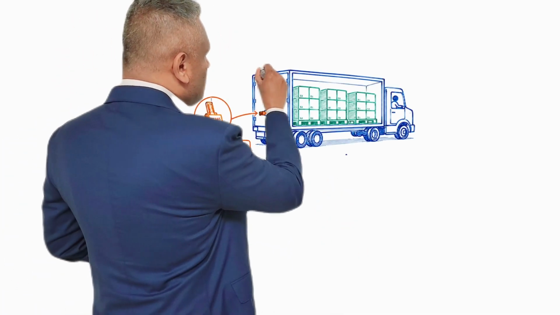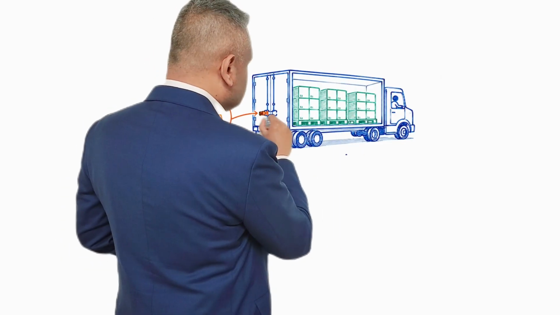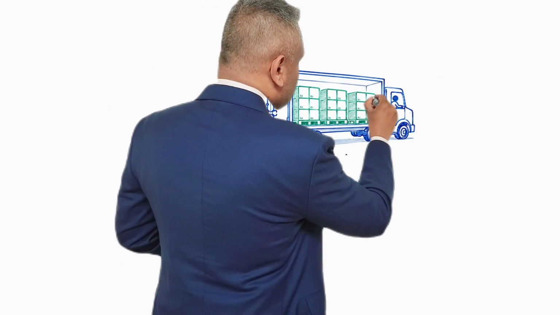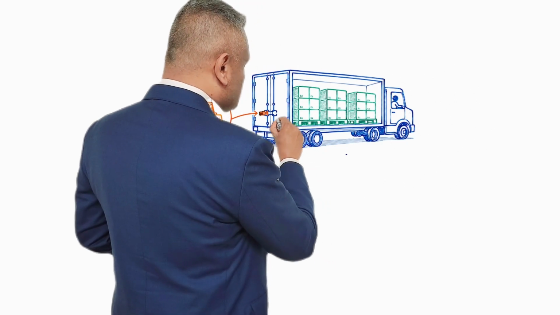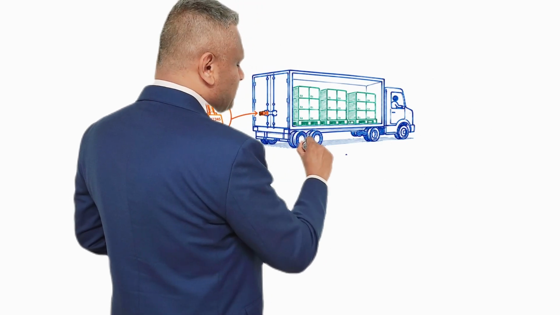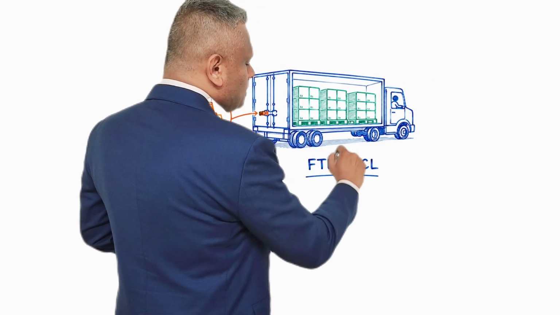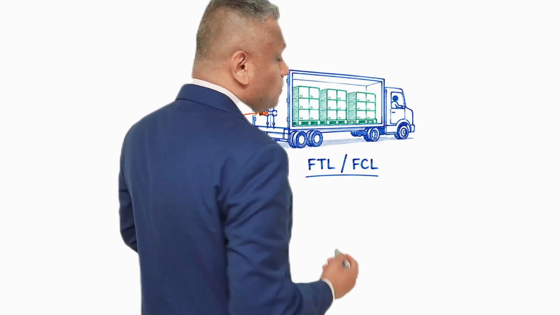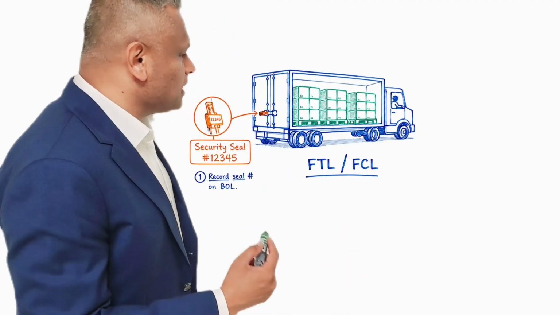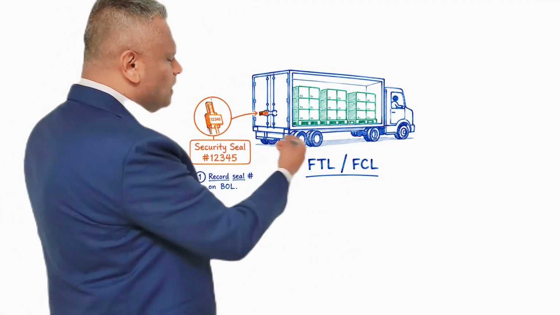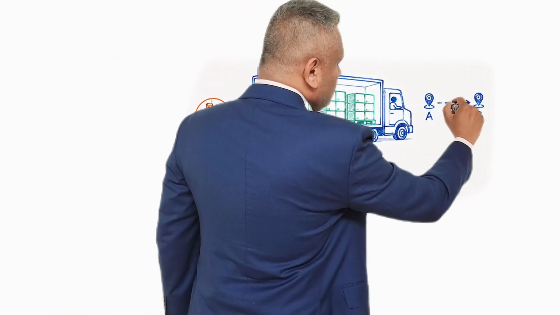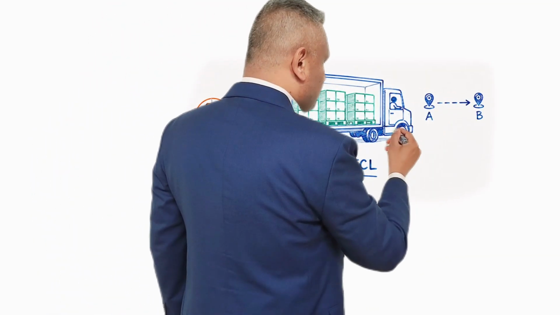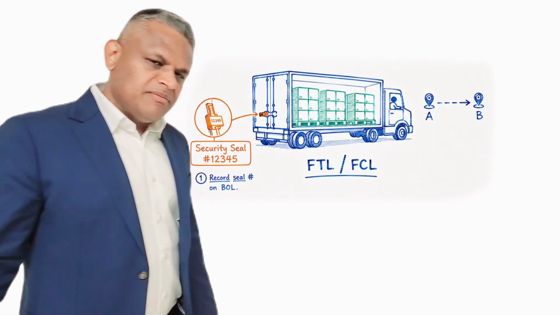So this is your truck, right? I'm trying to improve my drawing skills here. This is a FTL, a full truckload, or it could be an FCL as well, full container load. When you have a truck like this, it's all going from point A to point B. You're moving from Atlanta to, let's say, Memphis, Tennessee.